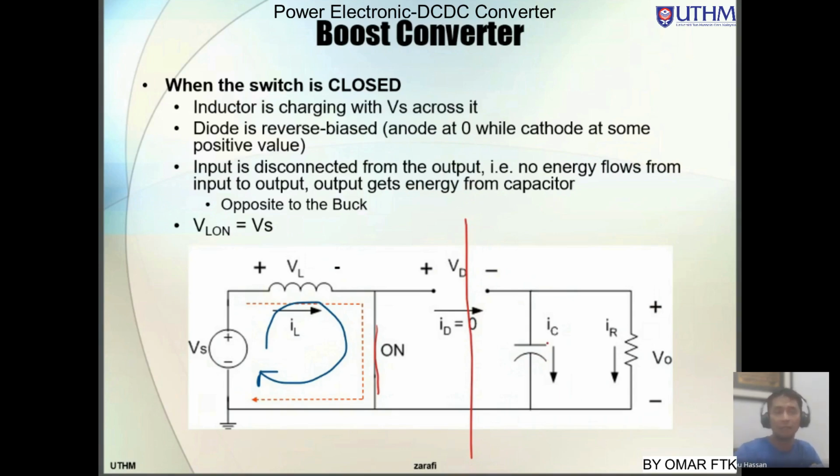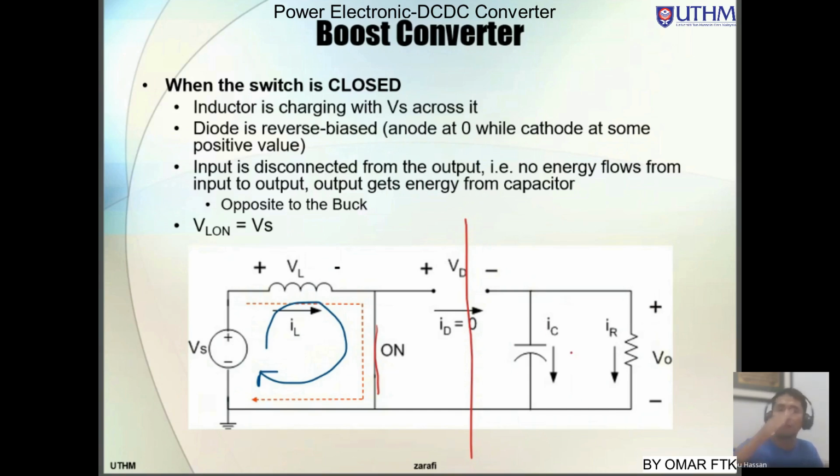When we start our system, our power converter, it takes time to stabilize and reach the steady state charging. After steady state, when the switch is closed, the output is separated from the input and gets its supply only from the capacitor.